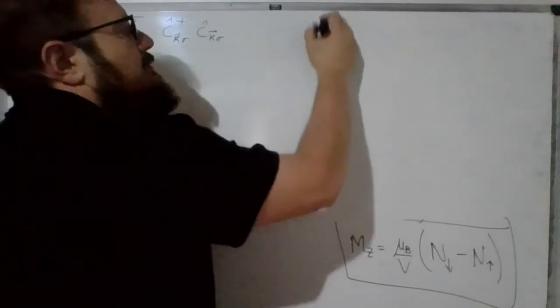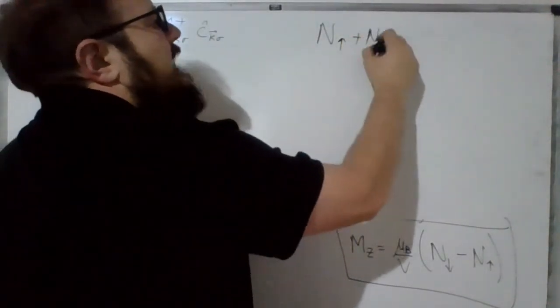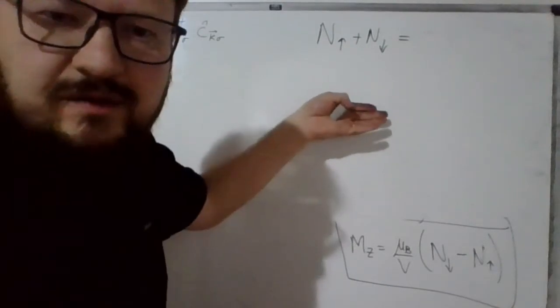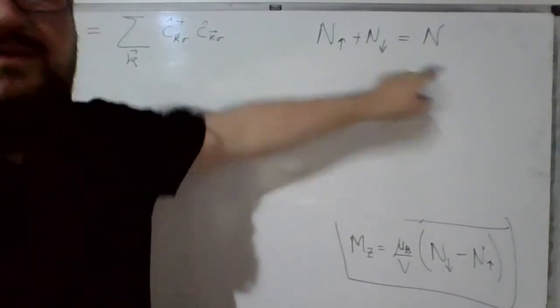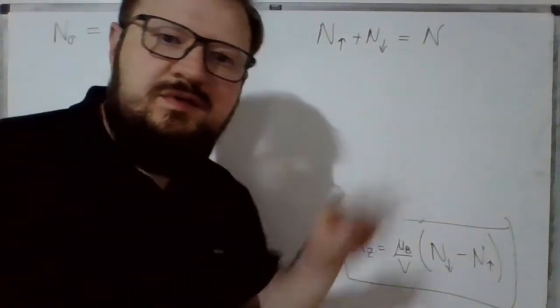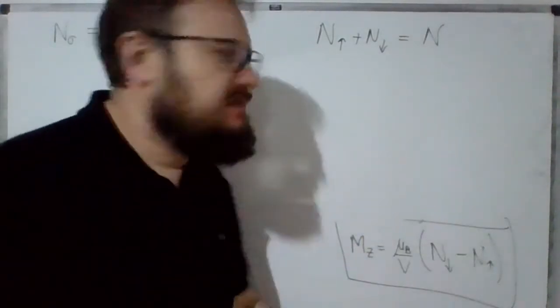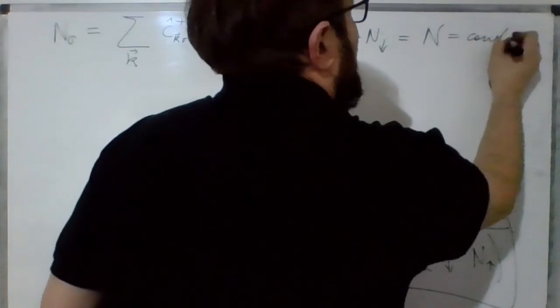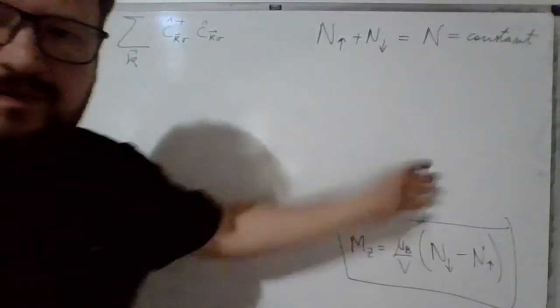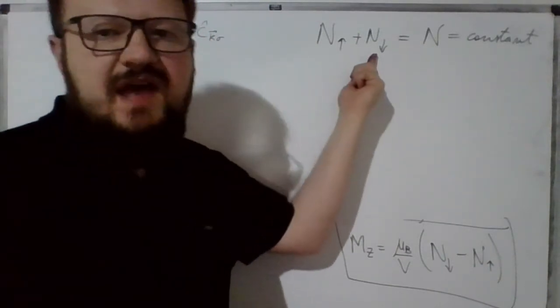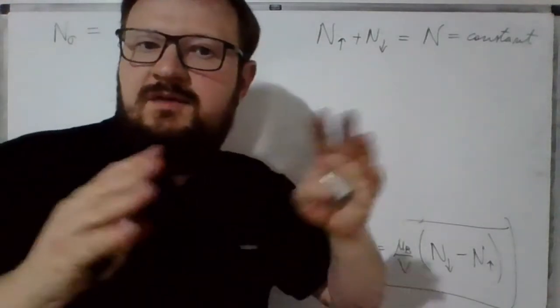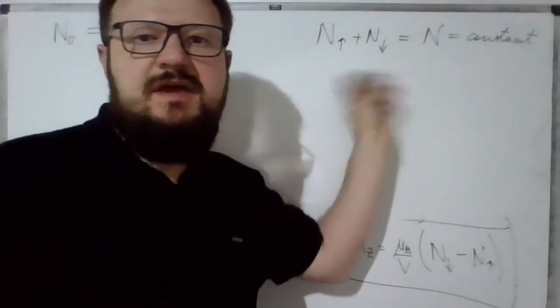Remember that no matter what, n up plus n down, applied magnetic field or not, if you have or don't have any magnetic field in your system, this number is just what we calculated previously. This is a constant. For a closed system, it doesn't depend on temperature or applied magnetic field. What you can do is move some of the up spins into the down state, because in the beginning, if you don't have any magnetic field, the populations are equal.